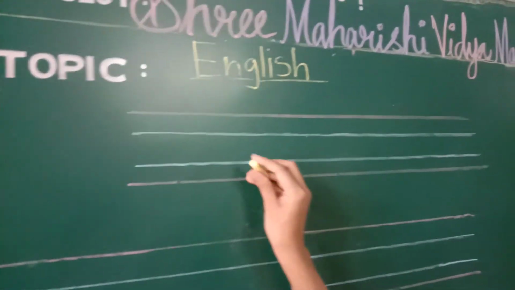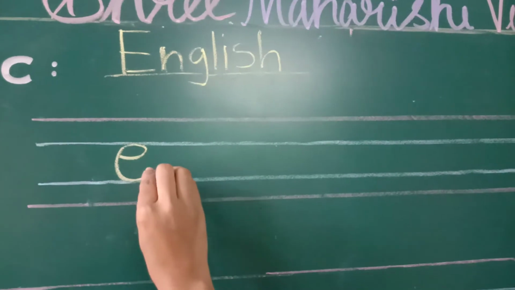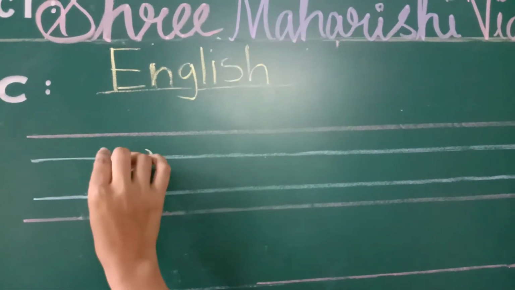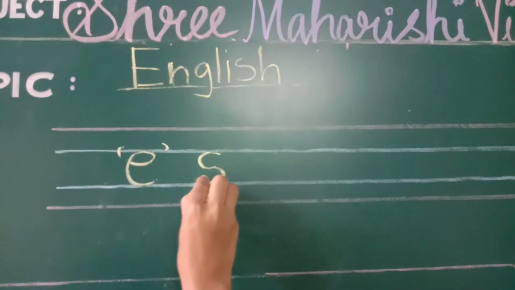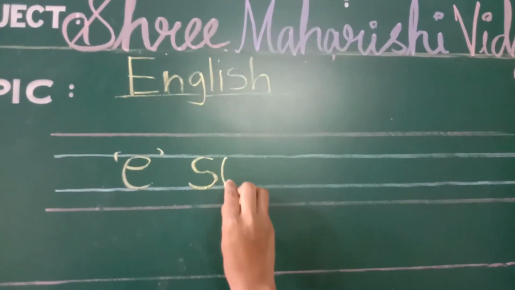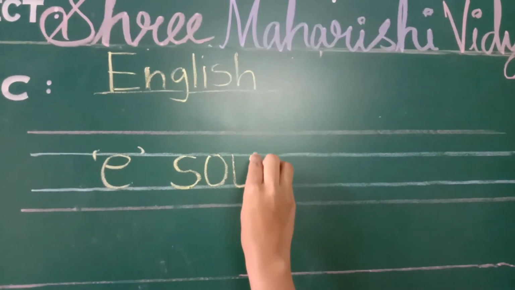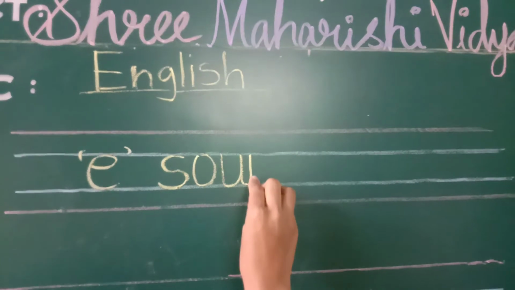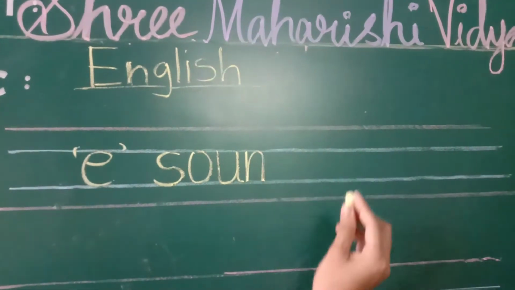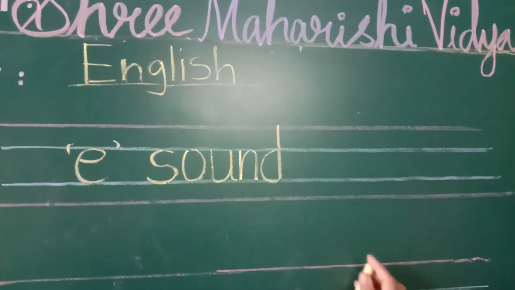Okay, so start with your teacher. Small e, then a little bit of space, S O U, write with your teacher beta, U N D, sound.